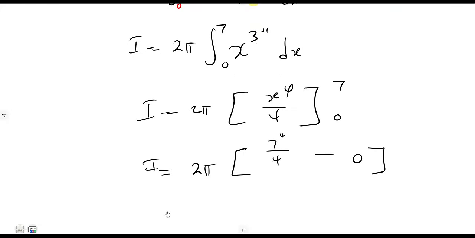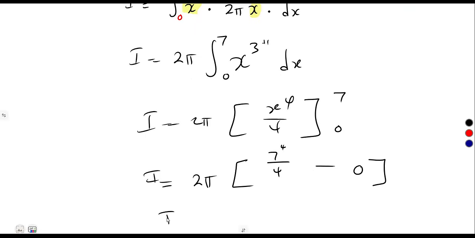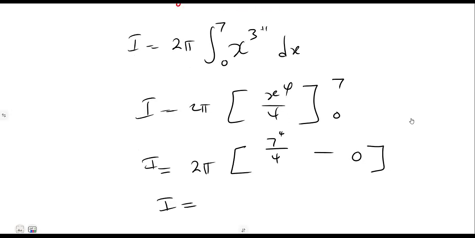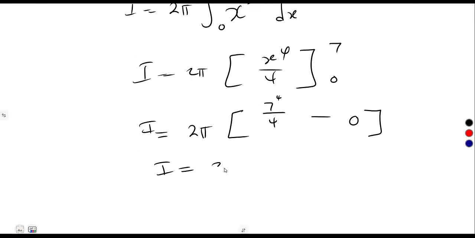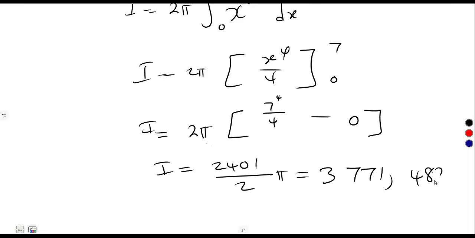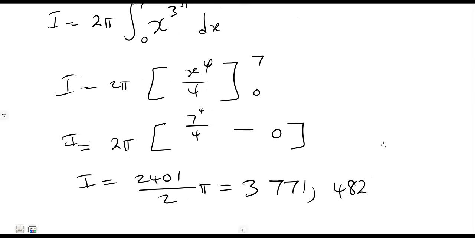If we simplify this, we have the second moment of area. This gives us 2,401 over 2 times pi, which as a decimal is 3,771.482. Remember, the second moment of area is in units to the exponent of 4.